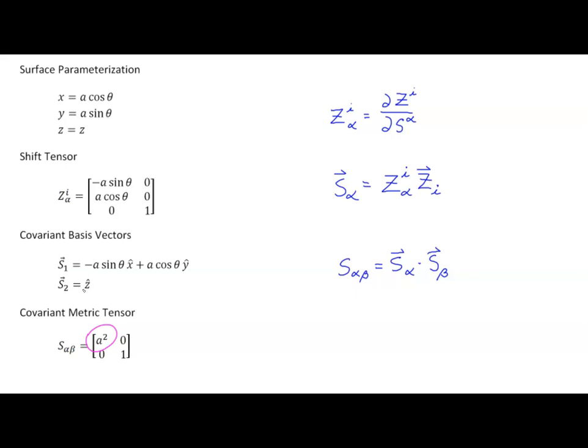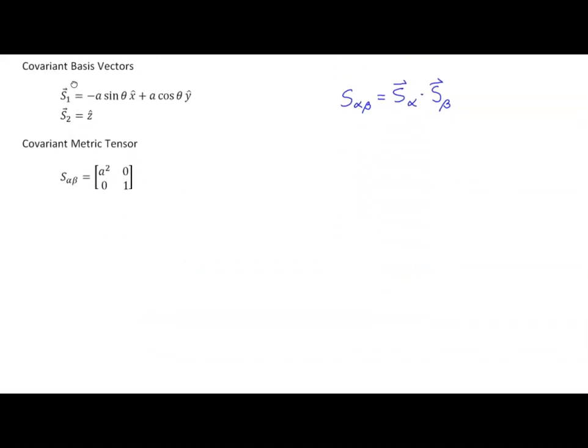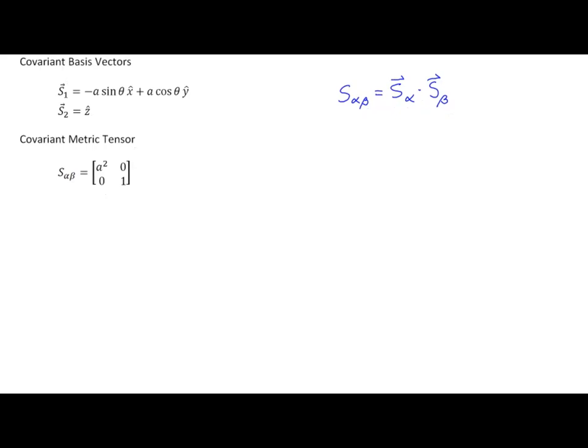And then S2 dotted with itself is just 1. And S1 dotted with S2 is 0, so that gives us these terms right here. Now remember that the square root of these diagonal elements will give us the magnitudes of each of these vectors, so we can plug those in here.